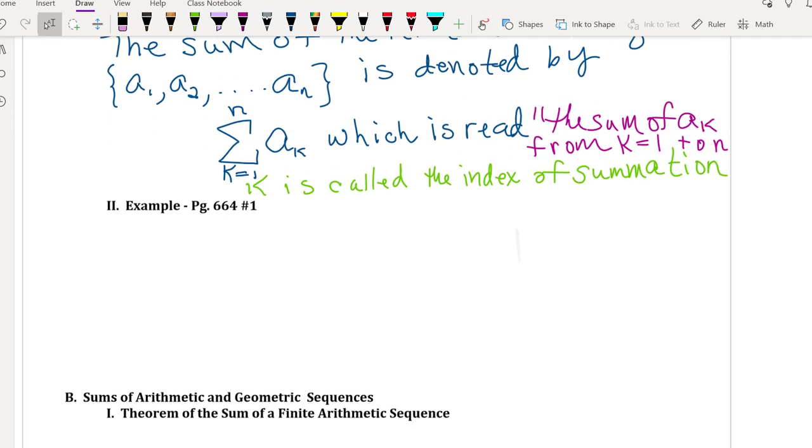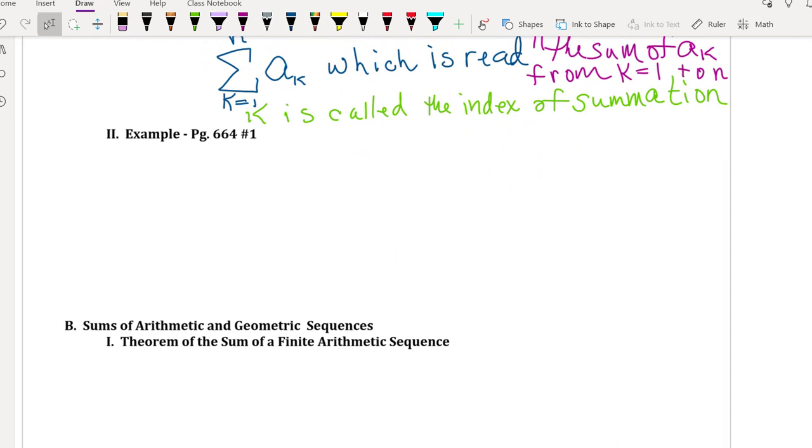Let's do an example. So this is from page 661, number 1. And the problem says, write the sum using summation notation.